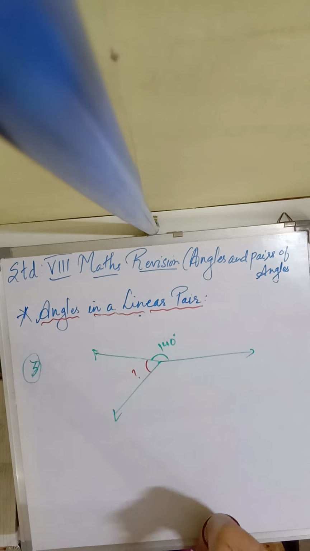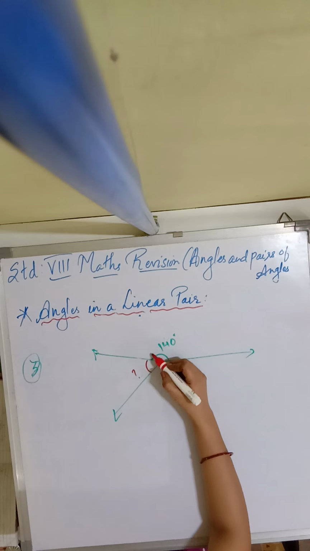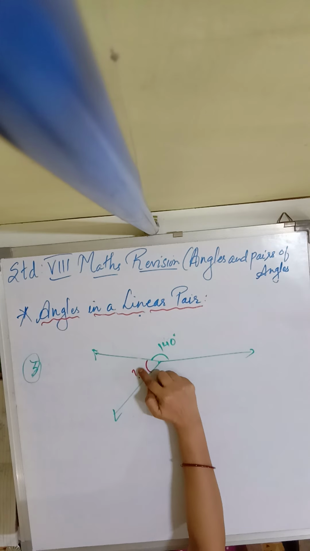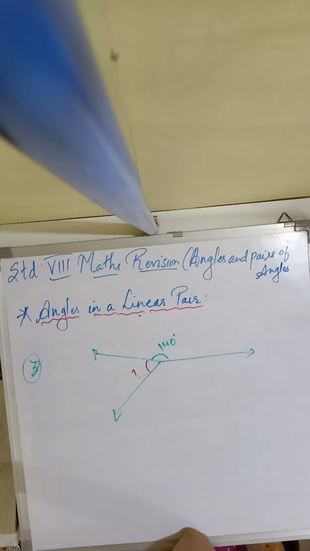Now the first question is, we have to see whether this is forming a linear pair. Are both these angles forming a linear pair? You will think yes or no, children.